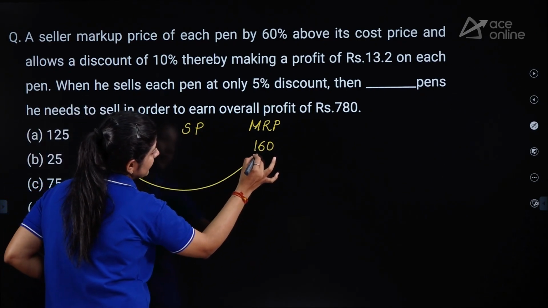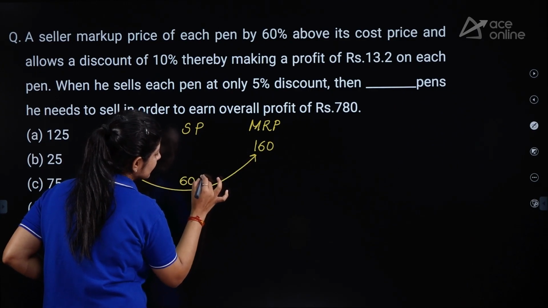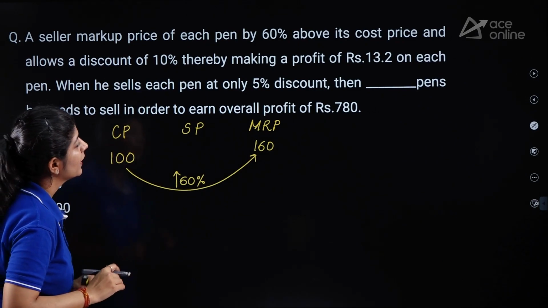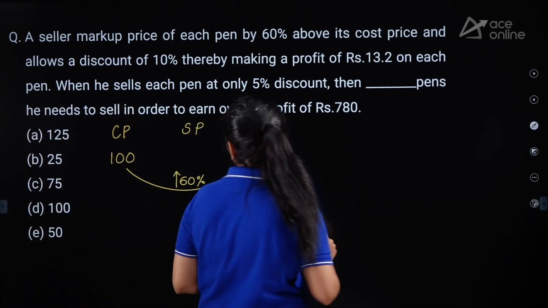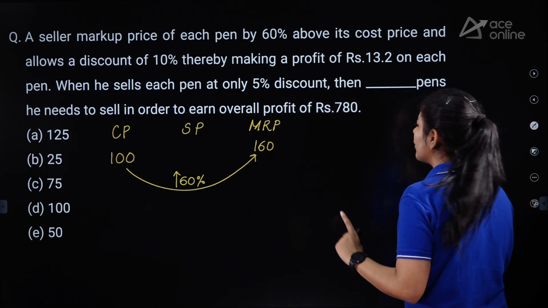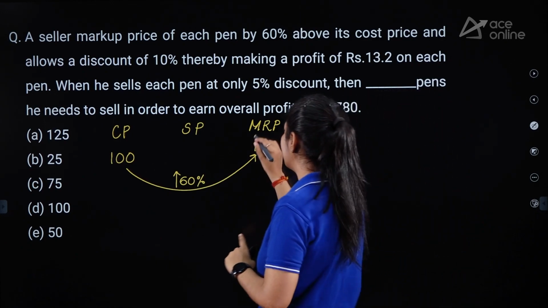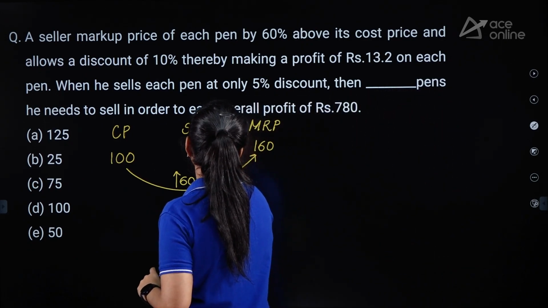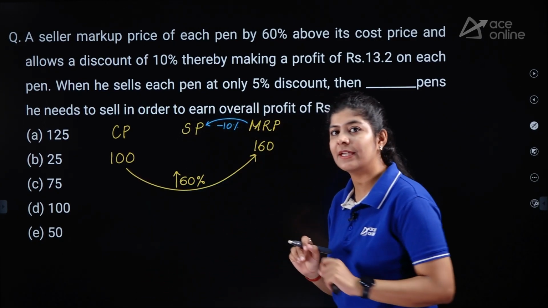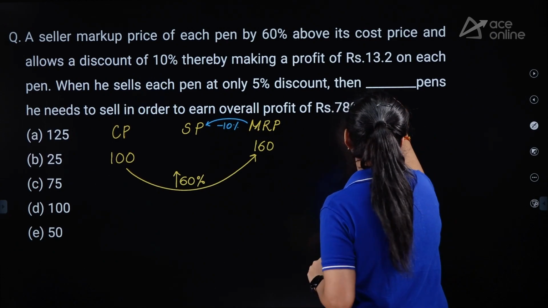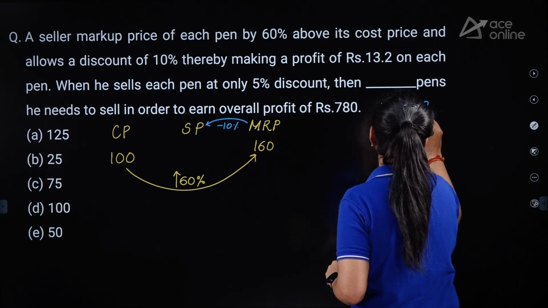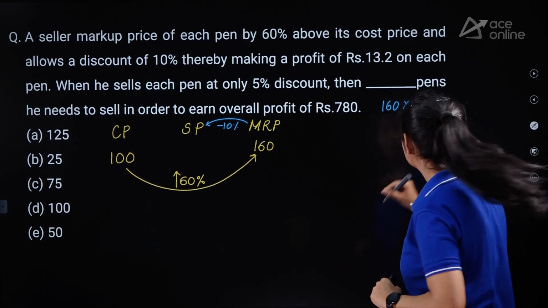But on this, I am giving a discount of 10%. That means I am selling it at 90% of the MRP. So 160 at a 10% discount means I am selling at 90%.